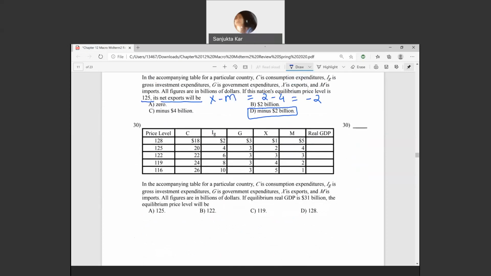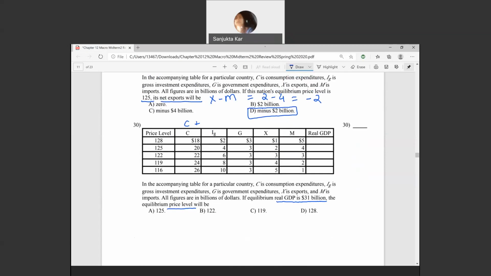Now question number 30 here. It says if the equilibrium real gross domestic product is 31, what will be the equilibrium price level? Here I'm going to ask you to do it this way.